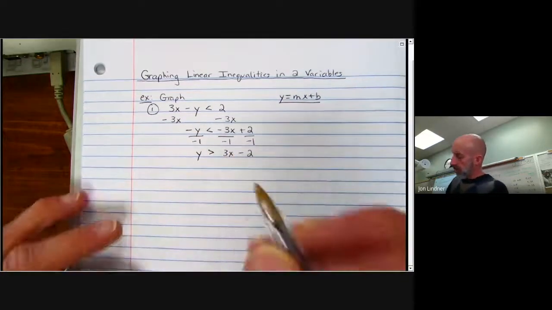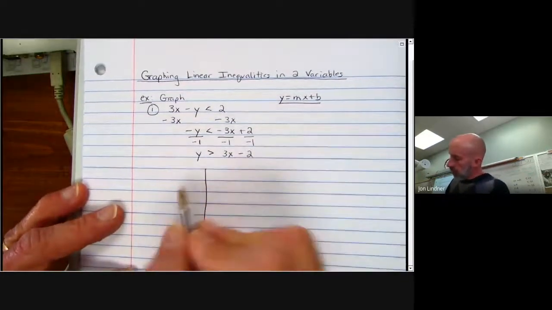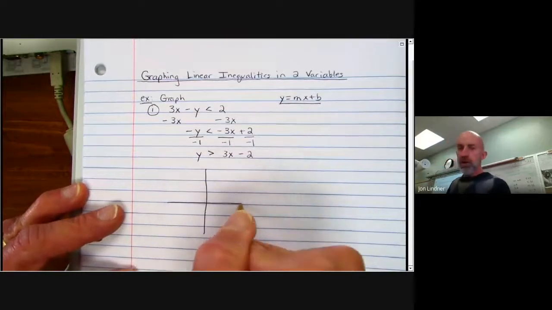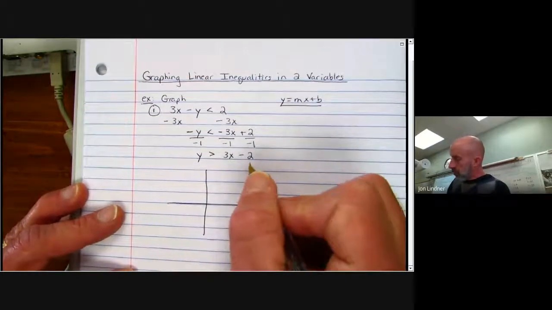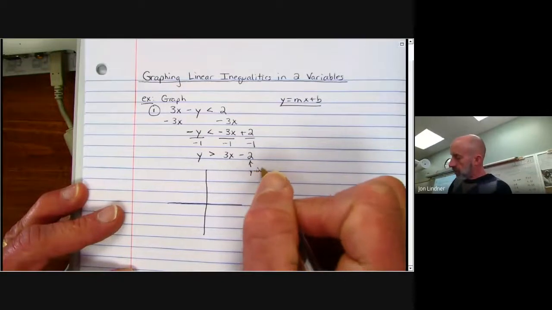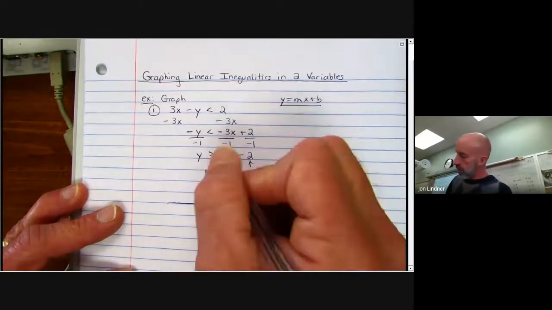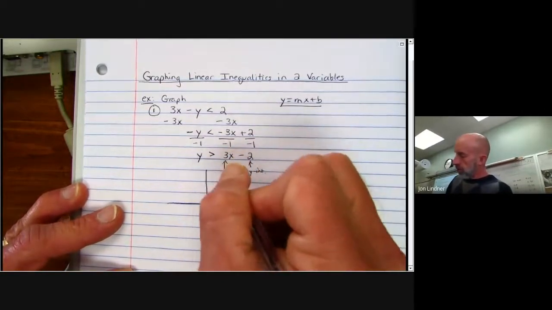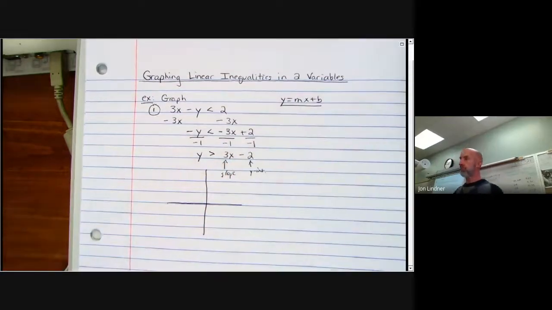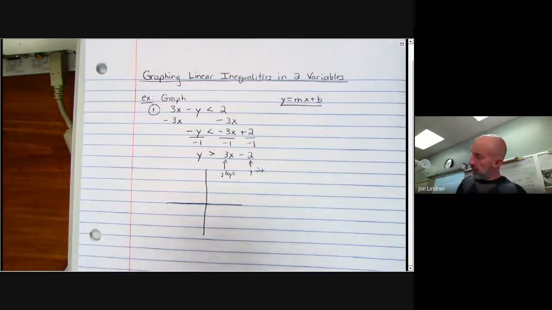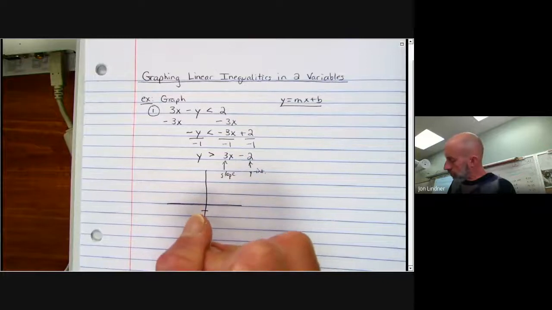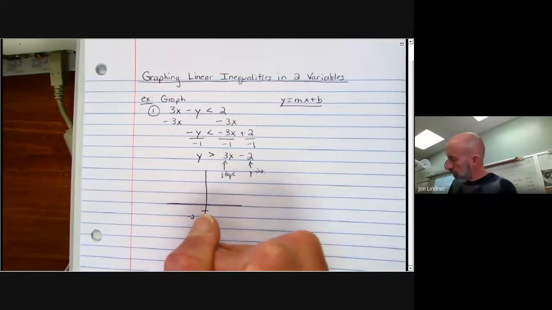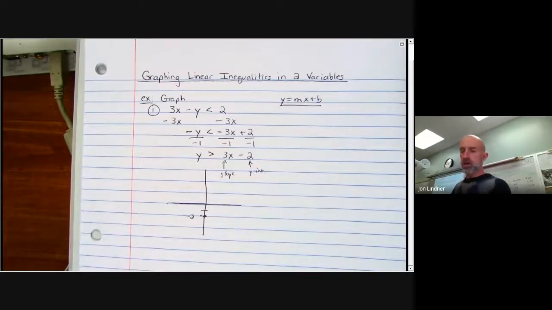If I graph this, I just simply graph the linear like we always do. This is my y-intercept, and this is my slope. So my y-intercept is negative 2. Come down to negative 2, put a dot.